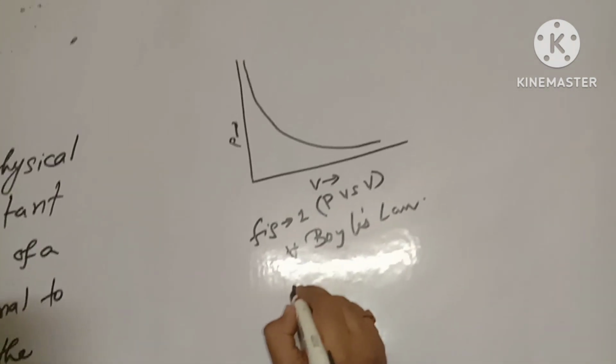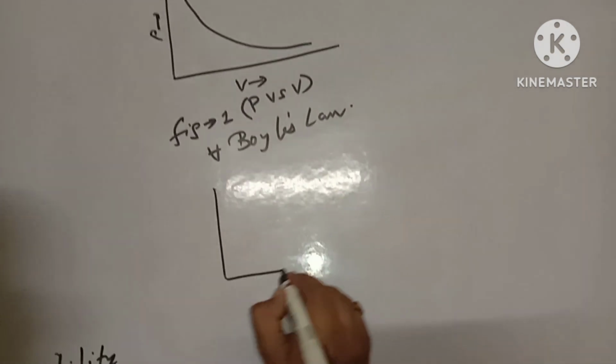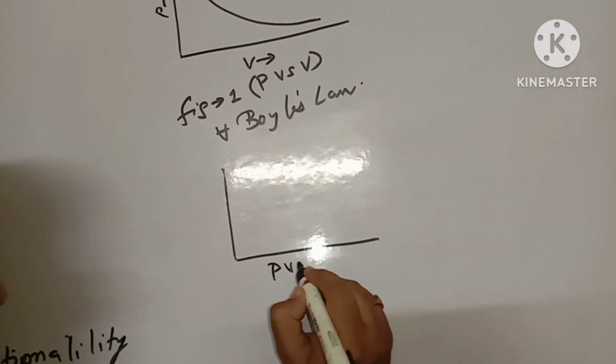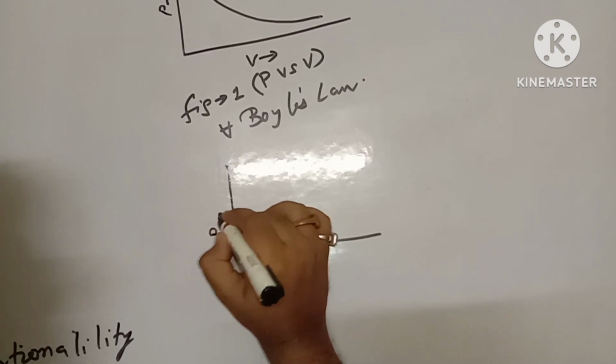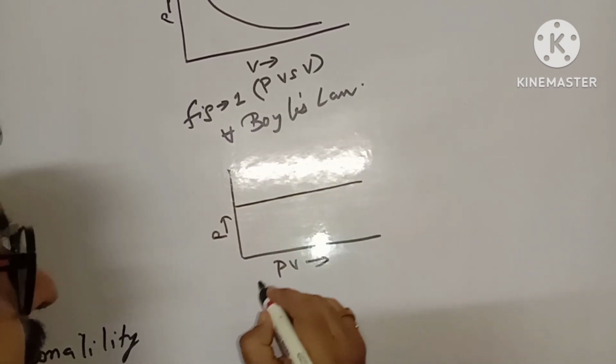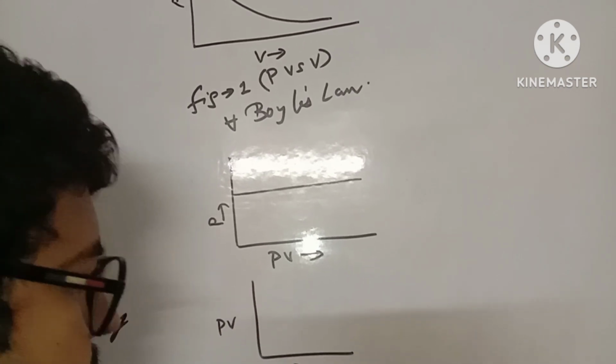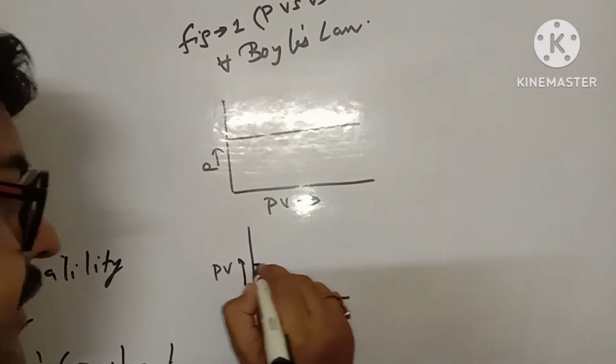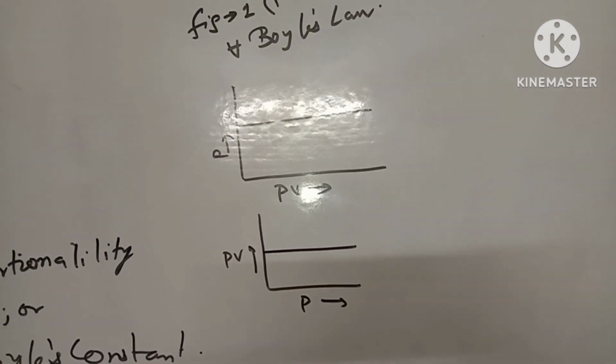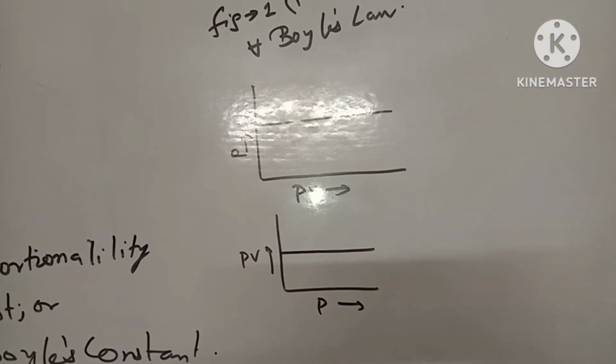Now if you take PV and P, you get like this. If you take like this, PV and P, then also you get it like this. These are some of the graphs easily obtained.